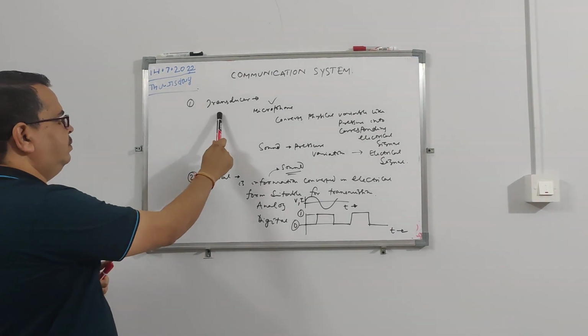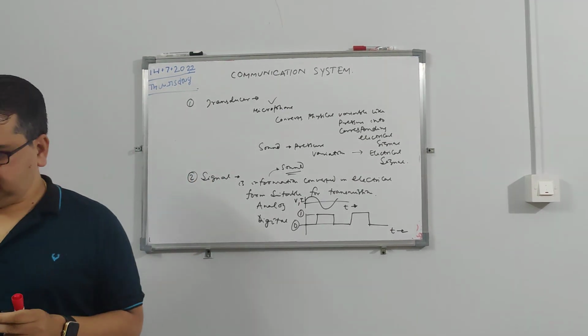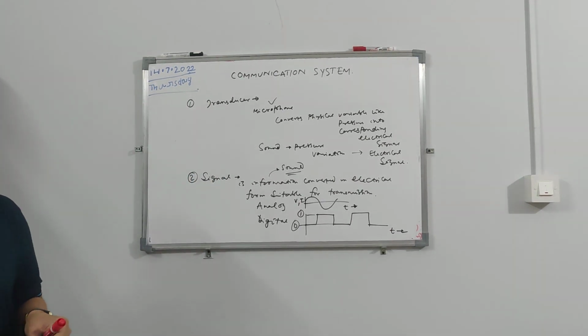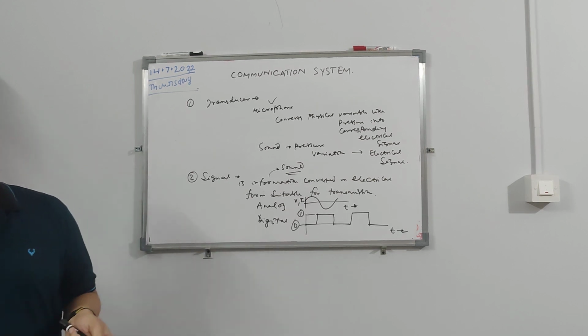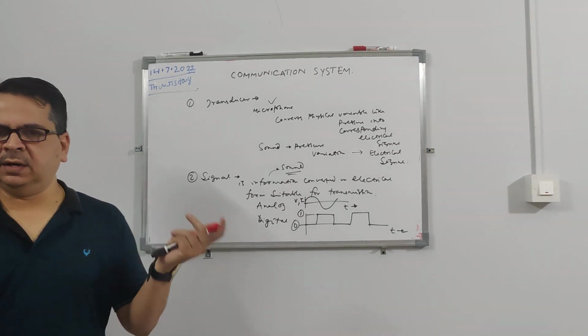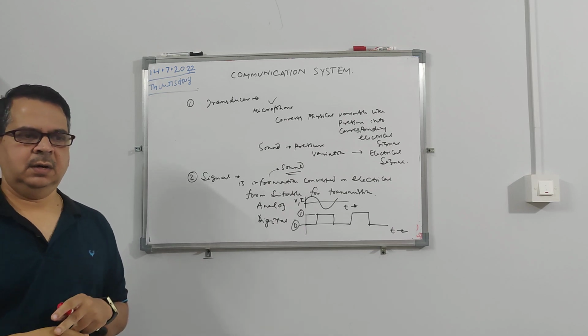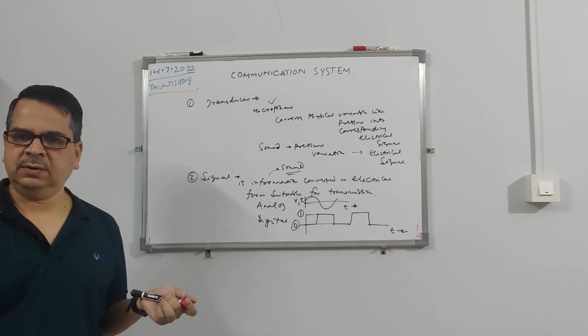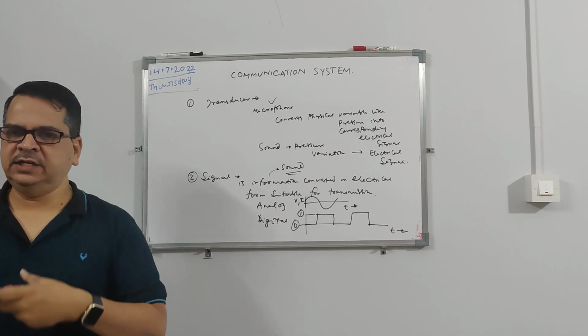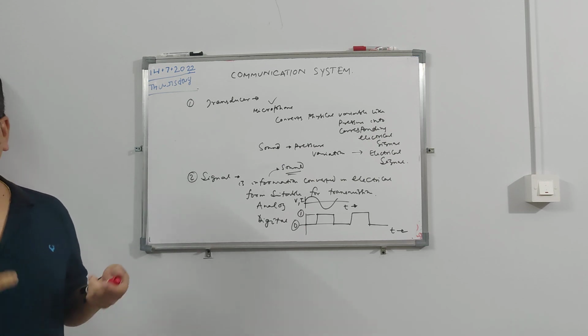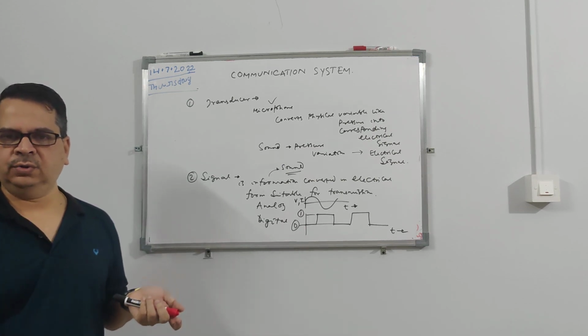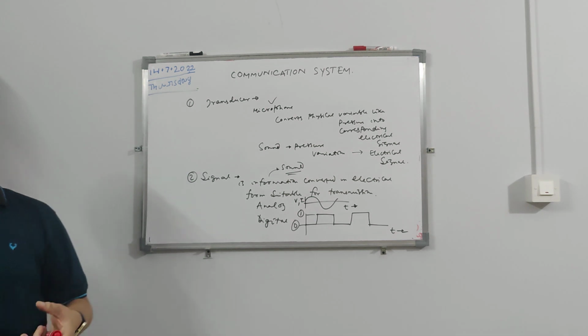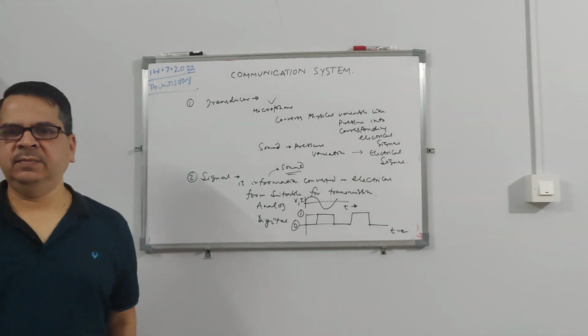So we have discussed transducer, we have discussed signal. Then I was talking about noise. Noise means when you want to transmit a signal, suppose what I am talking to you should go to you, but there can be some unwanted noise which can mix up with it.